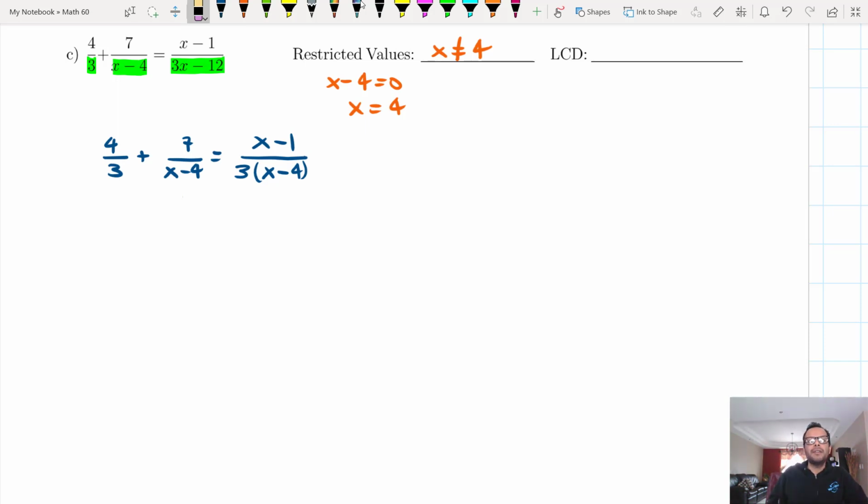Now let's find the LCD. The LCD will be the product of all the different denominators, and we take the highest power of each. In this case, we have the number 3 as one of the factors, and the quantity x minus 4. Now, I'm not going to multiply and divide by missing factors, because we are not simplifying an expression.